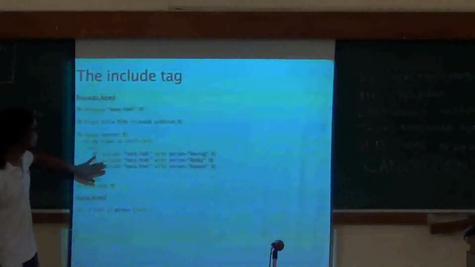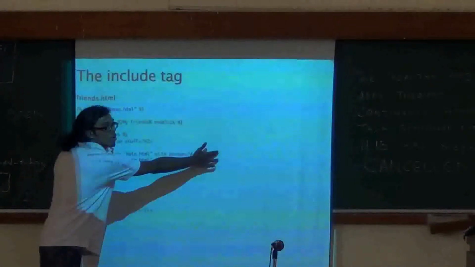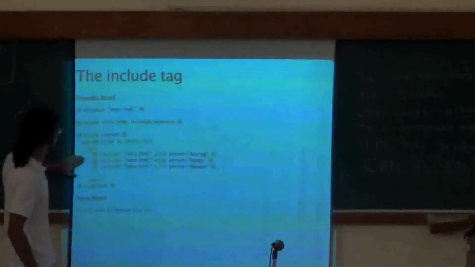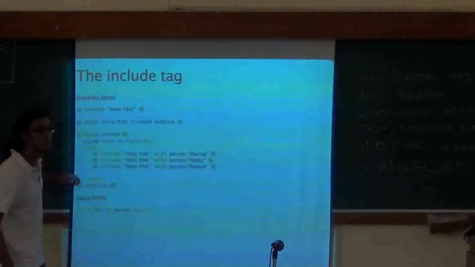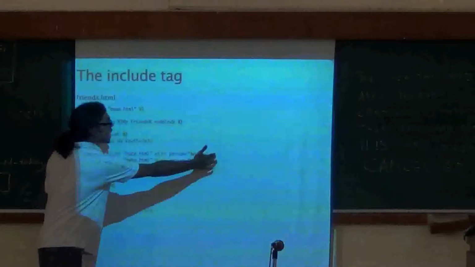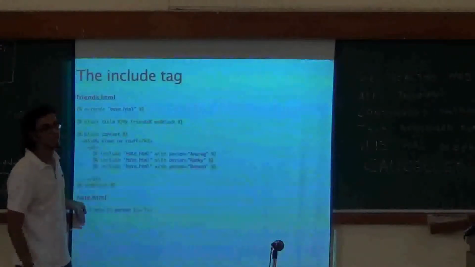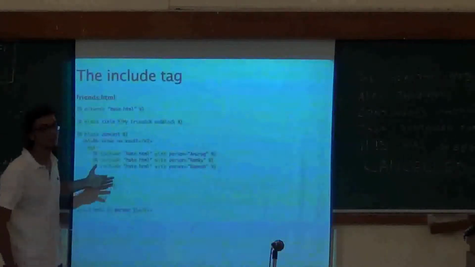So when I do the include tag here, it's rendered as is here. If my include tag was unindented, it will be here without any indentation. Whatever happens inside the block tag just gets replaced by the newly rendered HTML. So this is how the indentation will happen.